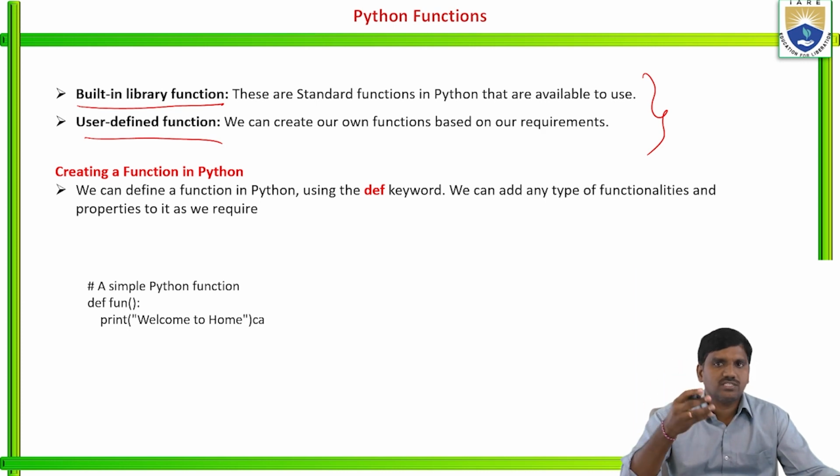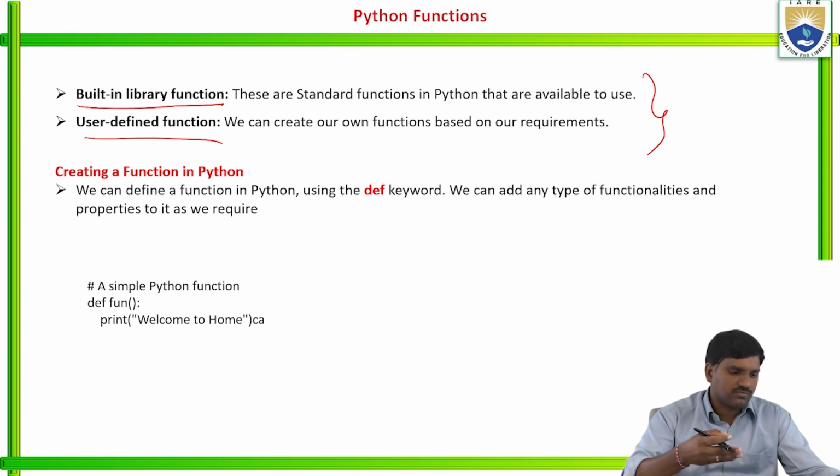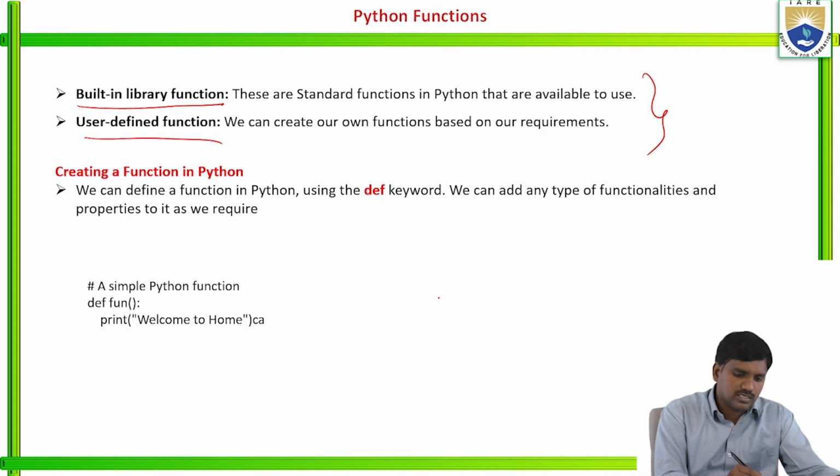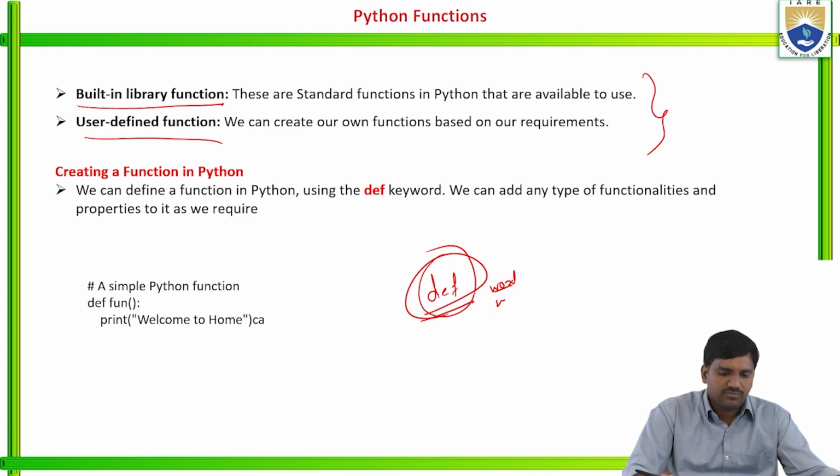Next, creating a function. Let's start with a very simple 2-3 line program. Creating functions in Python, the basic idea: we can define a function in Python using the def keyword. We can add any type of functionality and properties to it as we require. According to our requirement, we can add to the function definition.